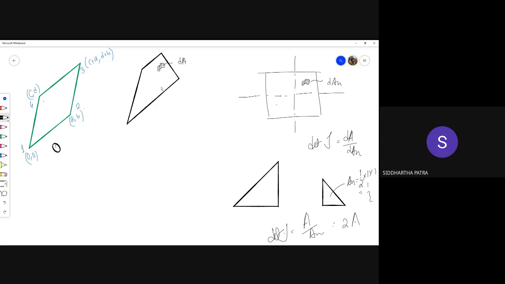It cannot be anything but this coordinate. It's as if to the side 1 2 you have added side 1 4. That's how you have got to node number 3, you know, the vector law and all. So check what change do you see in the Jacobian?